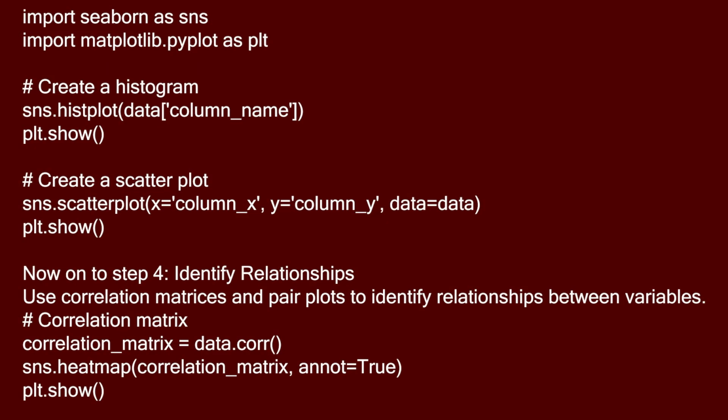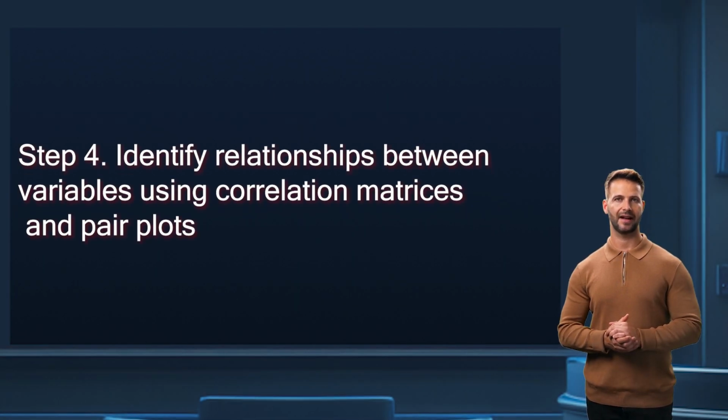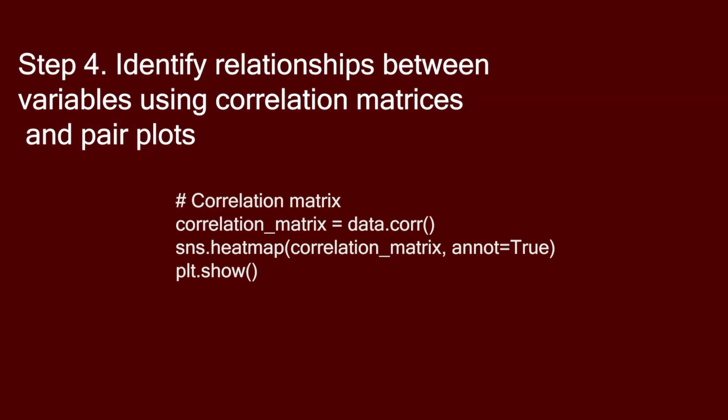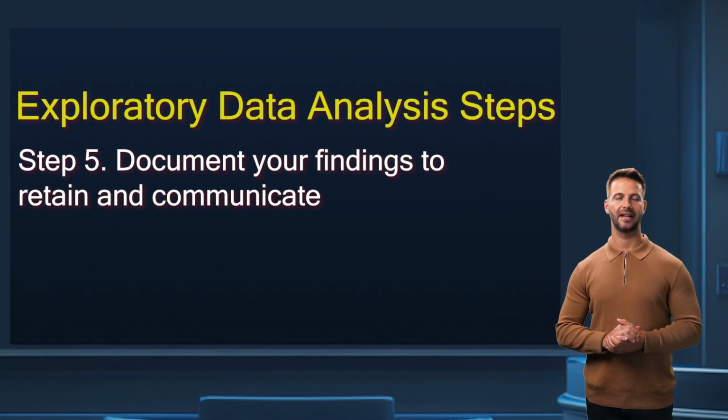Now on to step 4. Identify relationships. Use correlation matrices and pair plots to identify relationships between variables. Finally, step 5, document your findings. As you conduct your EDA, document your findings. This will help you in the next steps of your analysis and in communicating your results to others.